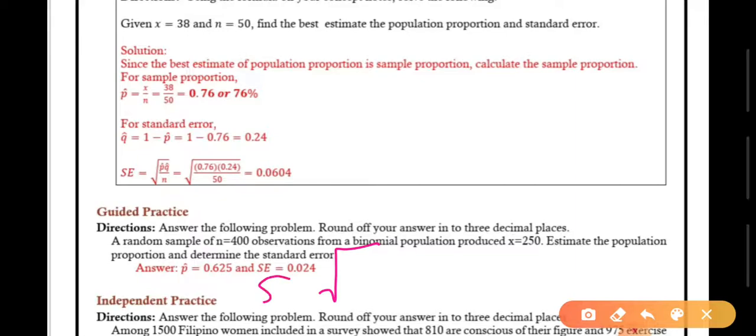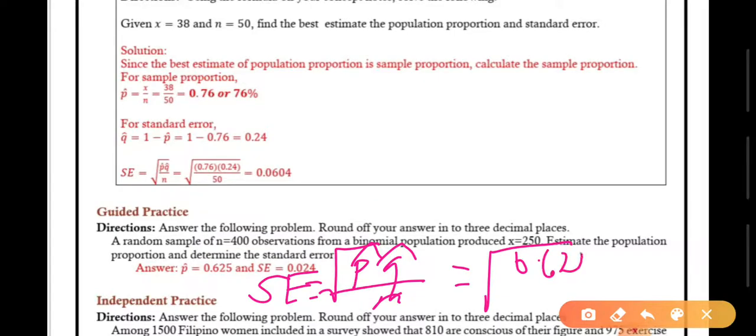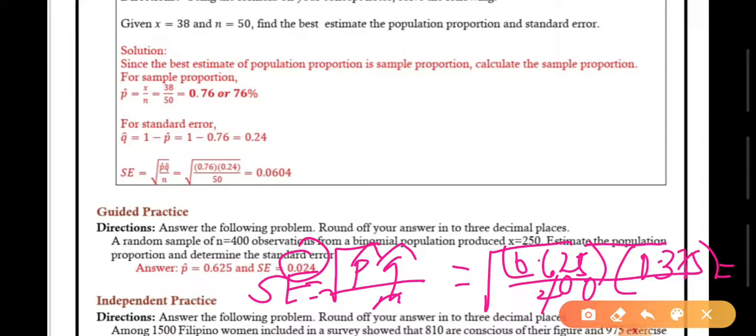So you'll have SE is equal to the square root of p hat q hat over n, which is 0.625 times 0.375 divided by 400, equal to 0.024.